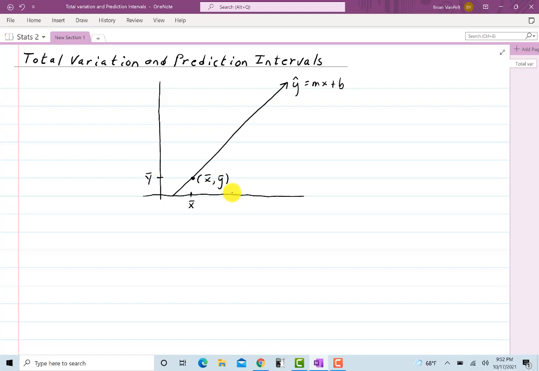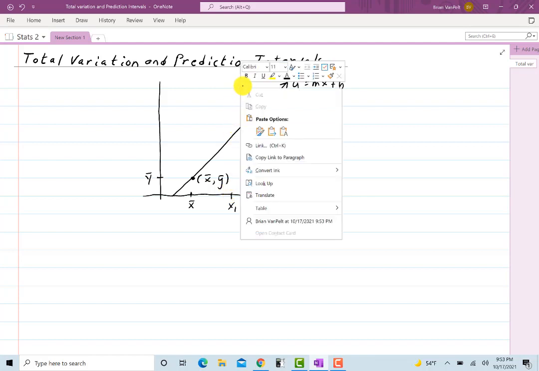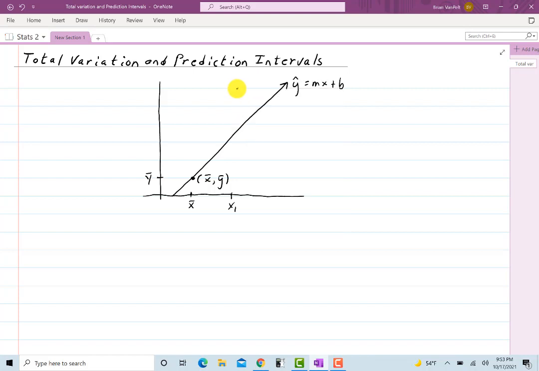Now let's pick a point. Let's just use x1. This will work for any xi, but let's suppose that I have a point up here, and that height is x1, y1. So you notice it's not on the line in this case.